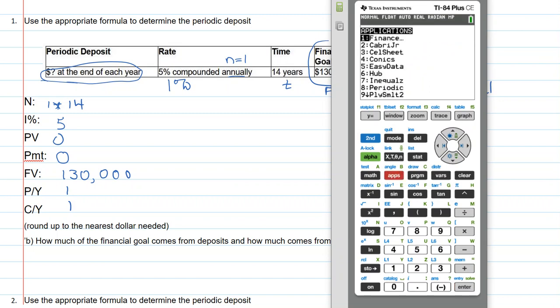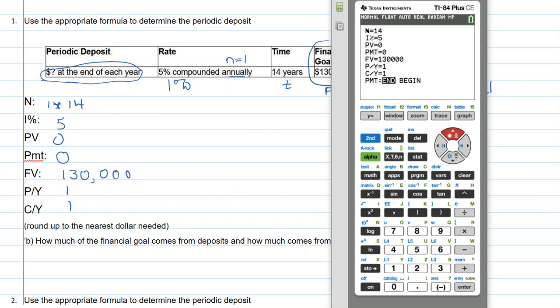Apps, enter, and we're going to enter the 14, 5%, 0, 0, 130,000. Yep. And then we're going to do 1 and 1. Achieve that outcome at 5%.